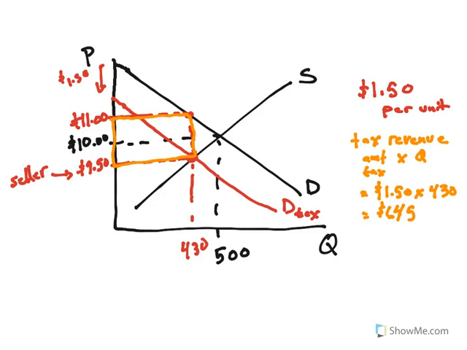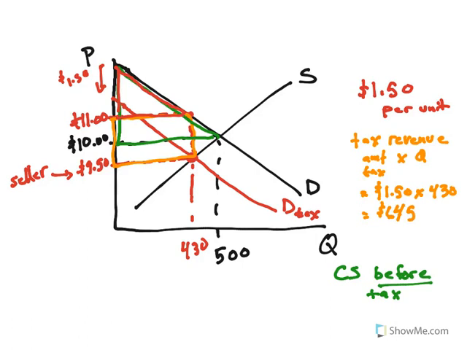So let's break down these areas of consumer and producer surplus to see how that works. So let's say this green triangle here, that represents consumer surplus before the tax. But remember, after the tax, the buyer is getting consumer surplus below their demand curve and above the price that they paid. So that's a lot smaller than it used to be.